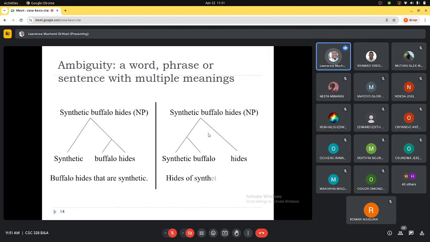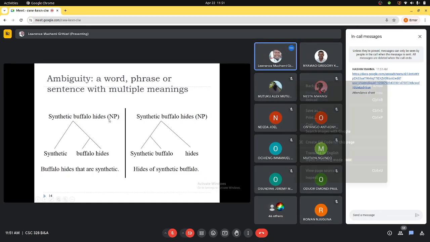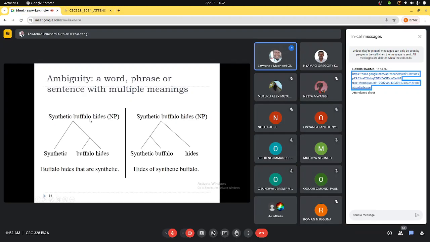But one interesting thing is that, as I told you, the meaning needs to be taken care of. As you can see here, for example, this one you have syntax or synthetic buffalo hides. Now, synthetic buffalo hides. If you are processing this through your computer, it can produce some interesting results.